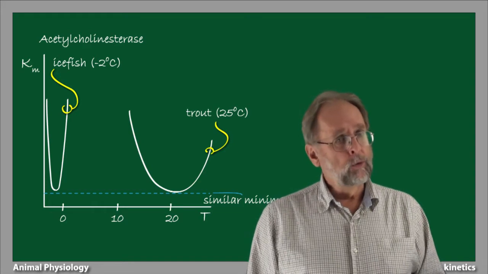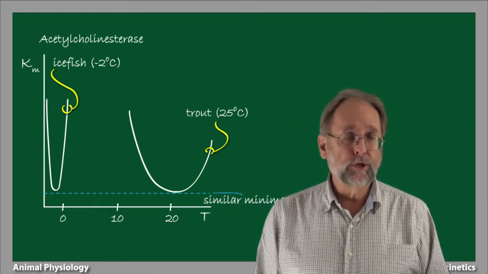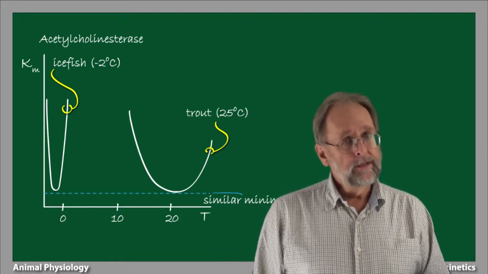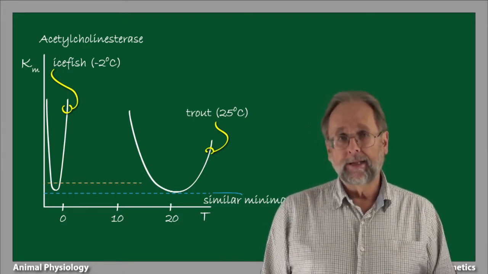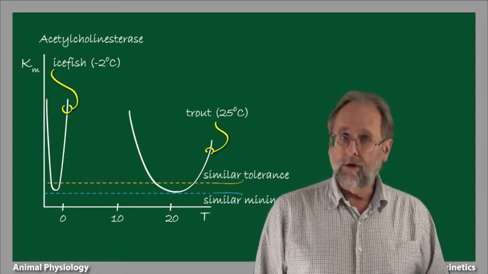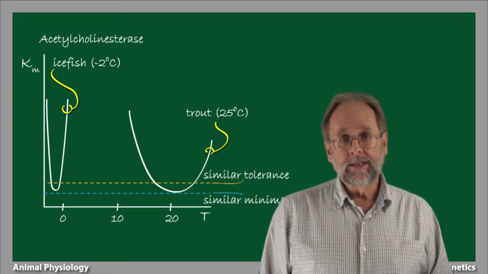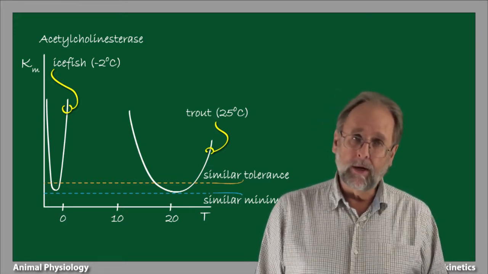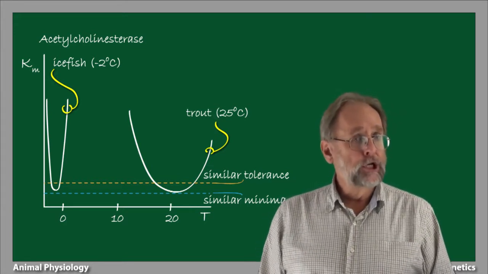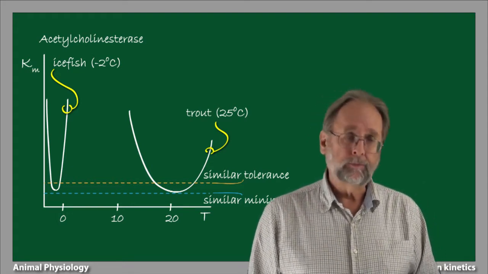The second noteworthy thing is the difference in breadth of these Michaelis constant curves. Let's imagine that there's a range of Michaelis constants that are tolerably close to the minimum. As long as the Michaelis constant doesn't exceed this value, the enzyme will perform tolerably well. But if the Michaelis constant exceeds this value, some difficulty might ensue.